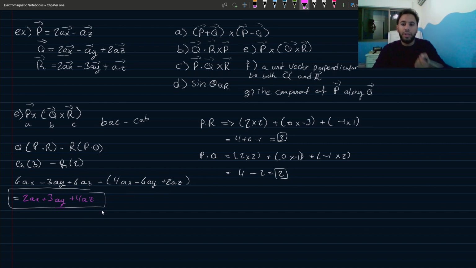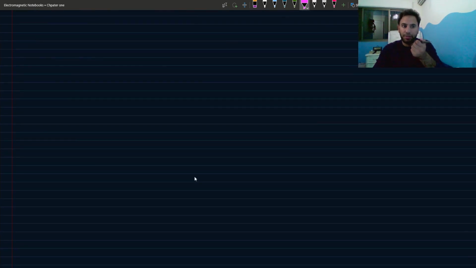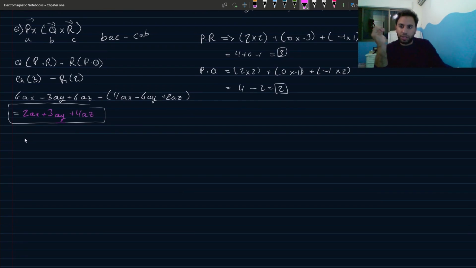Now, the second way to solve this is by directly multiplying the vectors. So we'll start with Q cross R. And we already have done that above, and we know that the answer is 5AX plus 2AY minus 4AZ.